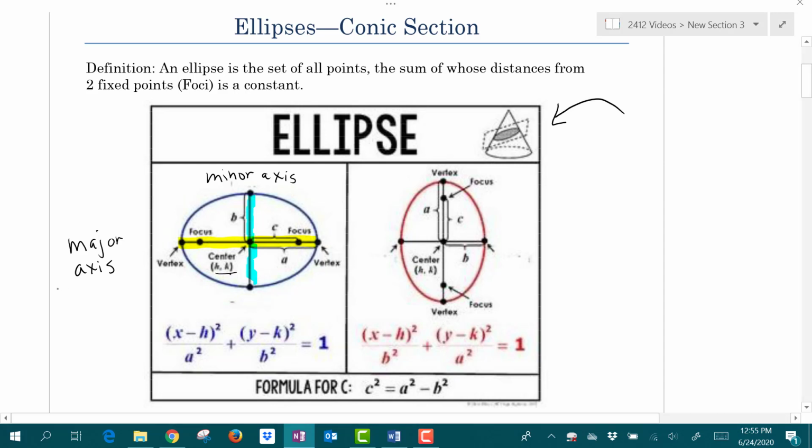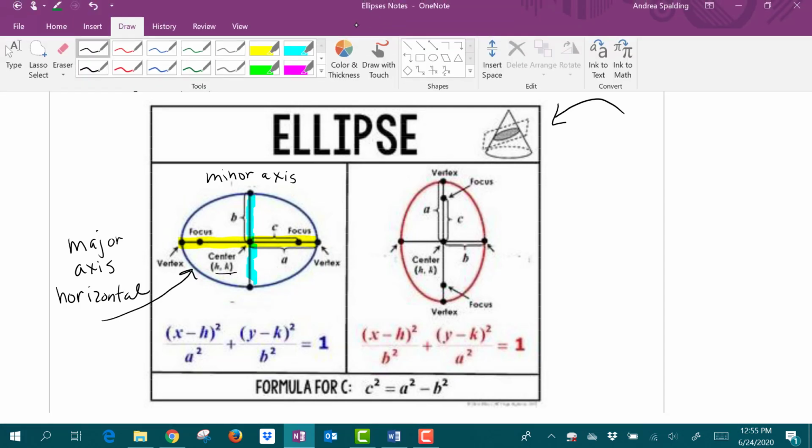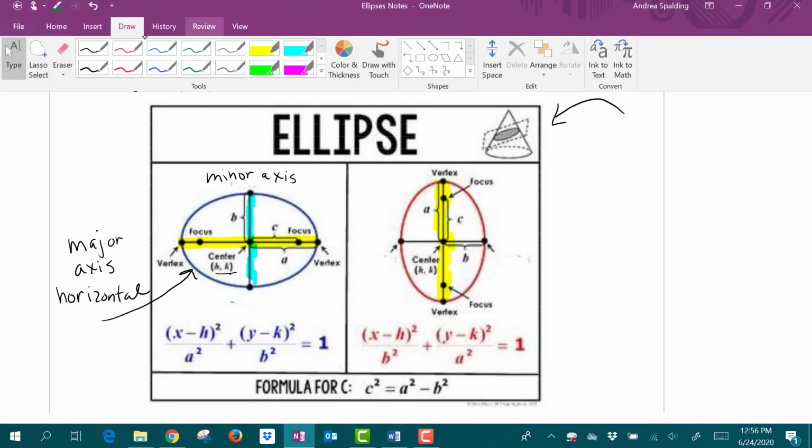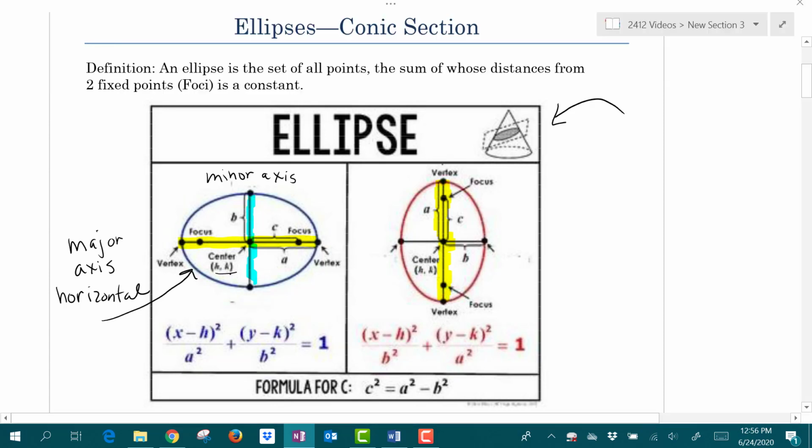The major axis can go in two directions. It can be horizontal, as we see in this picture, or the major axis can be vertical. So in this picture, the ellipse is vertically longer, so this axis we would call the major axis.